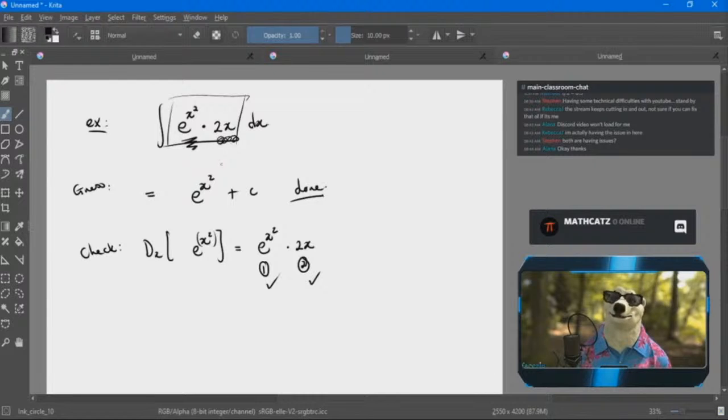I'm trying to reverse engineer the chain rule. So my requirements are different. A hint that this is what's happening is when I see some parts being a function of a function. Maybe all, but it doesn't have to be. And it won't work if this isn't there. I need that 2x there in my target, or this won't work.